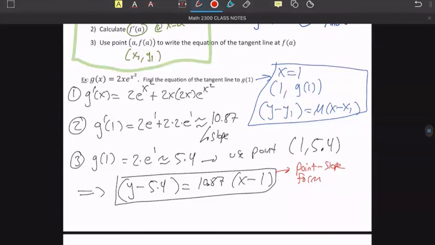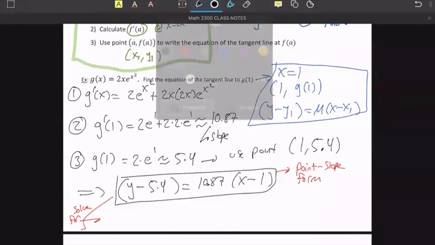The other thing I'll point out, because a lot of people seem to be struggling with finding the b, and I've done a handful of examples of how to do that: if you do the point slope form, you can just solve this equation for y, and that's another way to find y equals mx plus b form. If you take this and get y by itself, you can translate it right into y equals mx plus b.